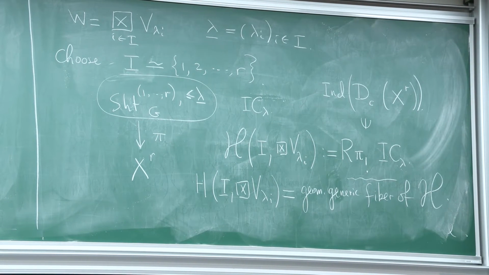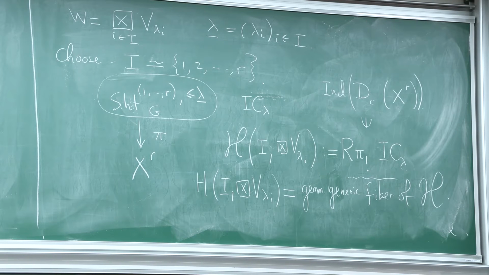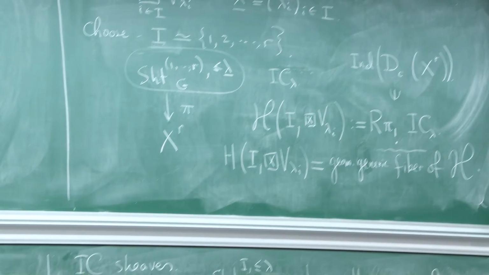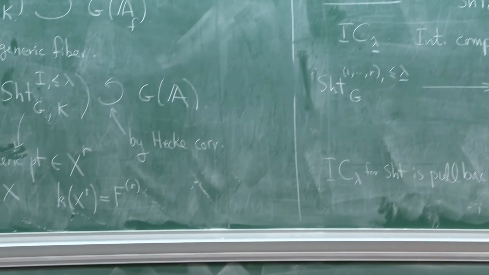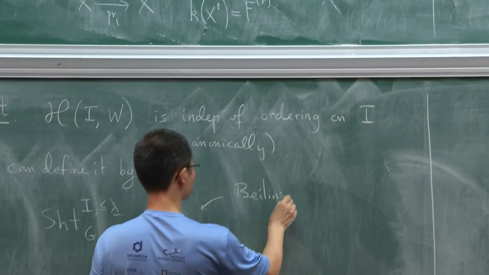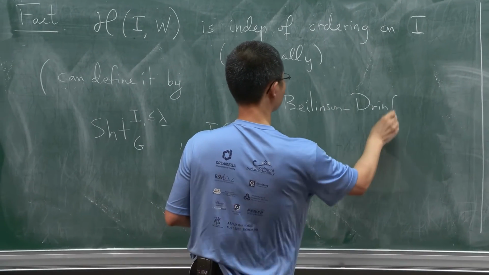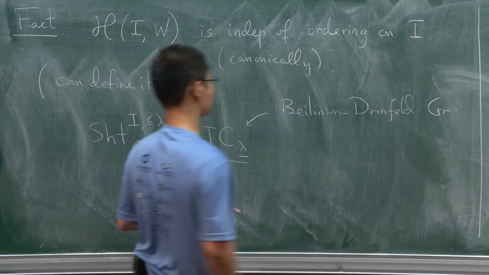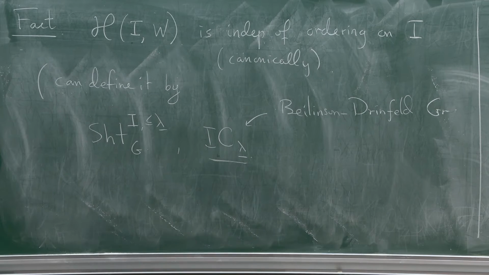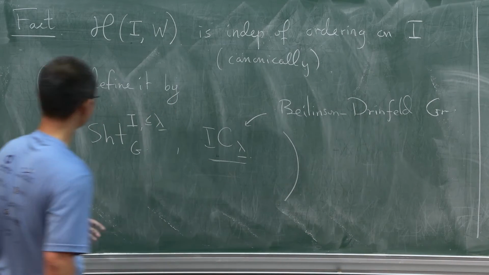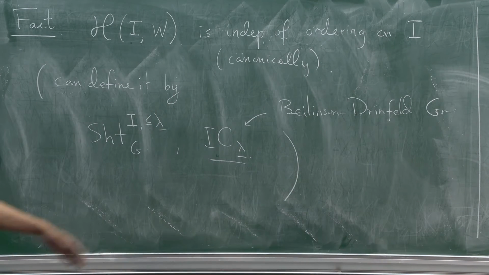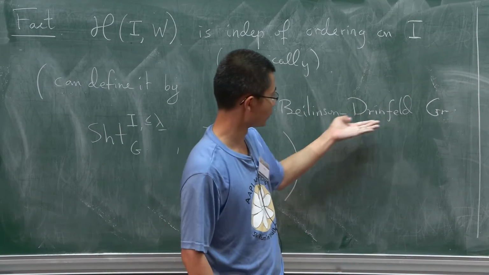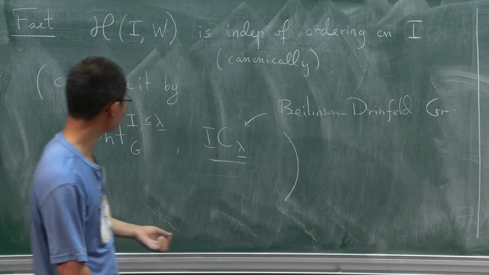This is more complicated, but still it can be understood using Beilinson-Drinfeld Grassmannian, which I did not define, but those are some keywords here. So it's some kind of non-iterated version of the affine Grassmannian.